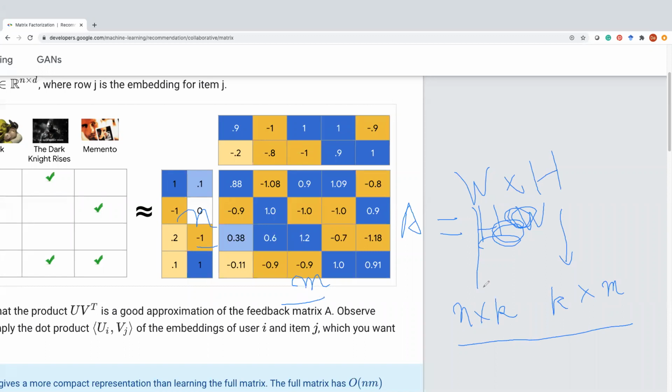But you can use a much smaller dimension. In the extreme case, if the value k is 1, then this becomes an n-dimensional column vector, and this becomes an n-dimensional row vector. It's just n values plus n values, instead of n times n values. But you can increase k a little bit. So this should be HW, because H is height: a tall matrix with n rows and k columns.